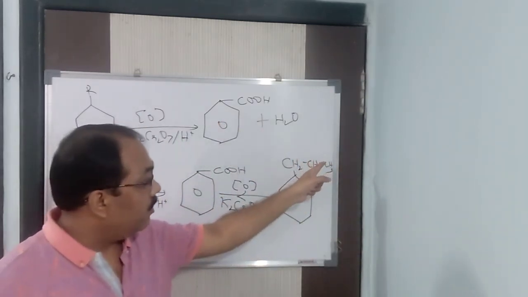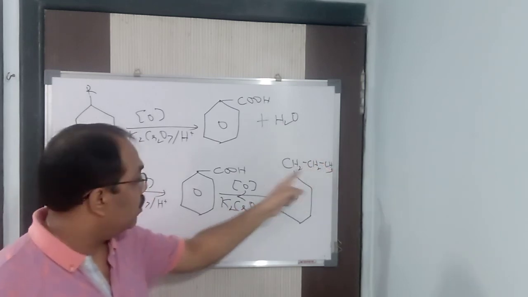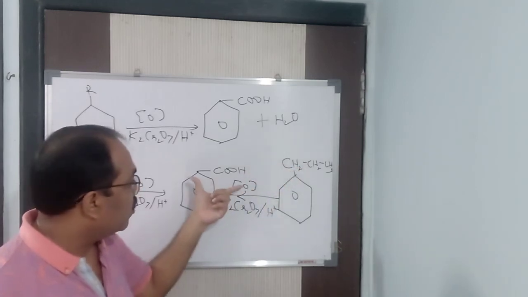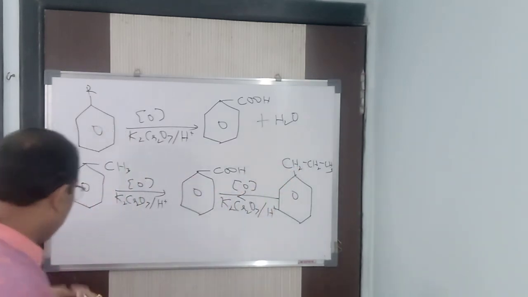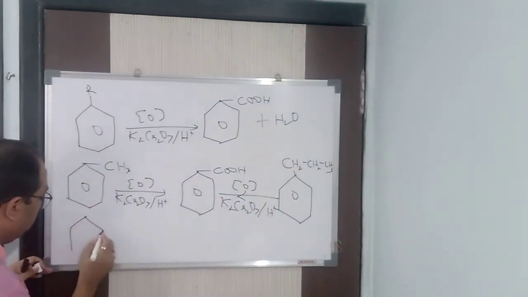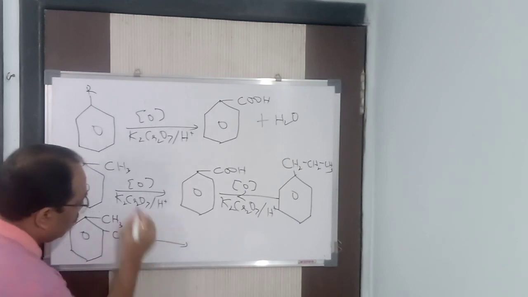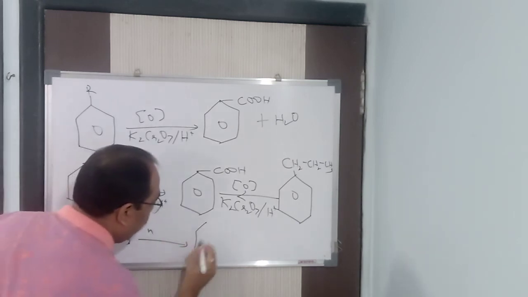Alright, so always the terminal carbon is oxidized to carboxylic acid. Any alkyl group you take here will be oxidized to carboxylic acid. Suppose I take two alkyl groups, CH3 and CH3, with the same oxidizing agent. What am I going to get here?